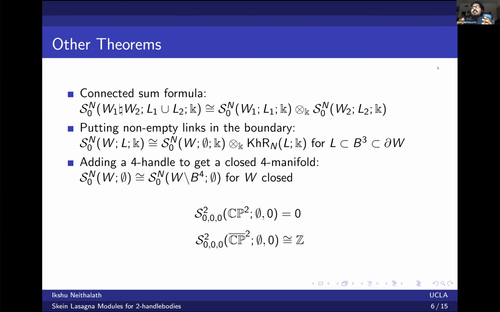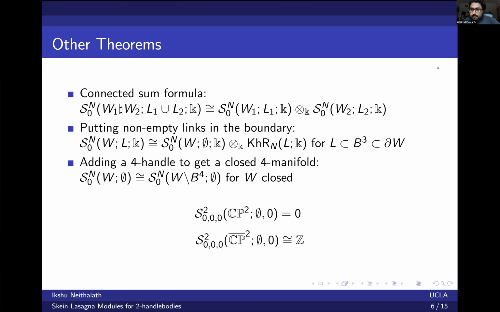Then by this connected sum formula, the rank in that bi-degree cannot distinguish between smooth structures due to stabilization. Hopefully it's clear what I mean by that.